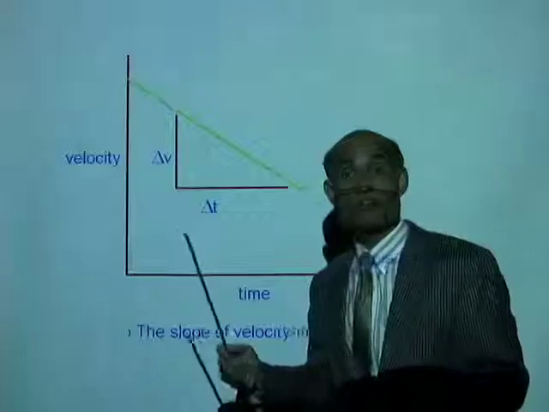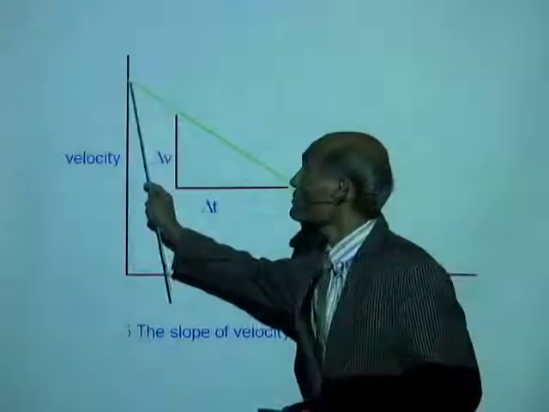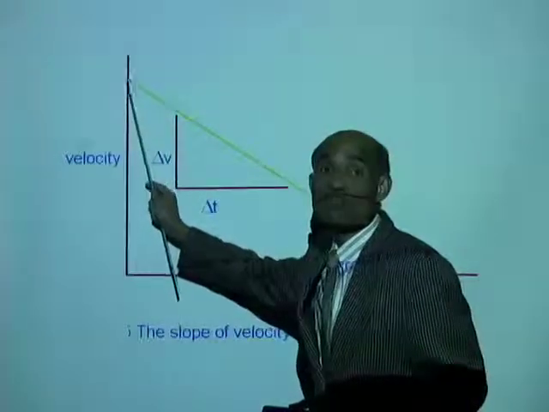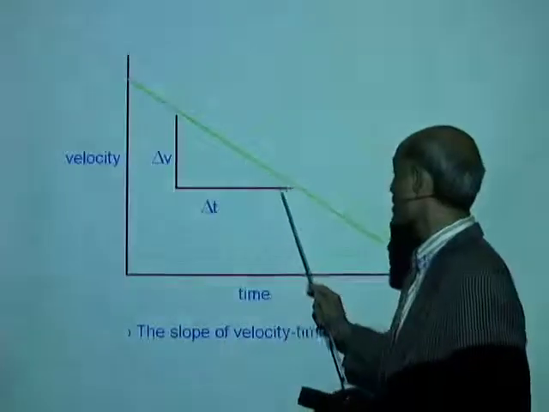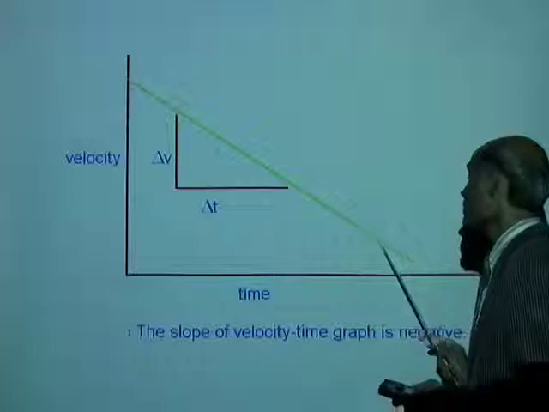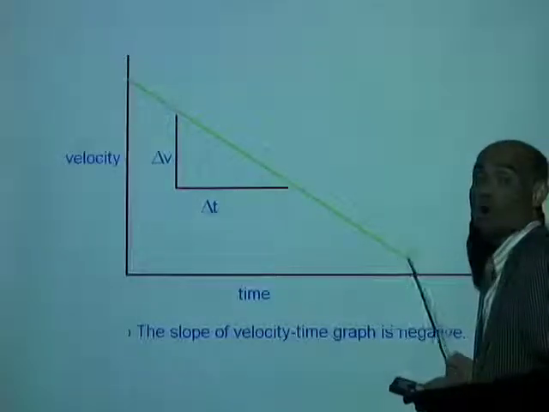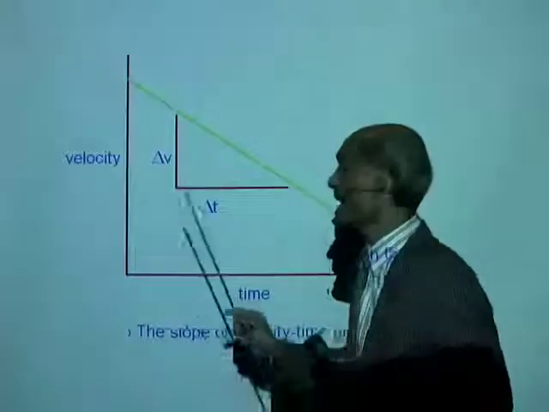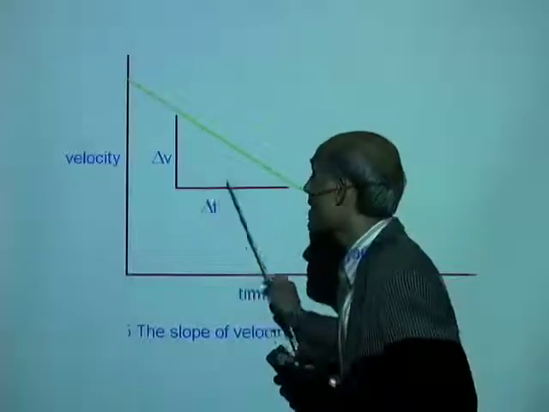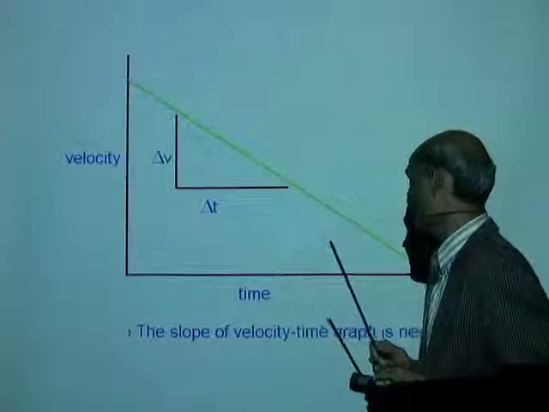What is the difference here? The particle starts with an initial velocity, and its velocity decreases steadily until it reaches a very small value. The velocity is decreasing. Now, what kind of slope do you have for this graph?